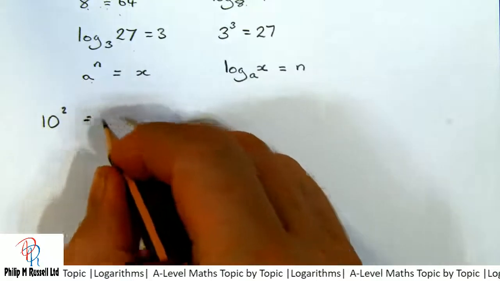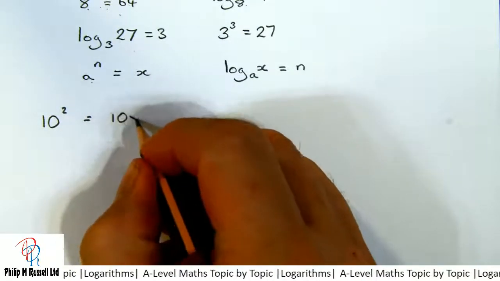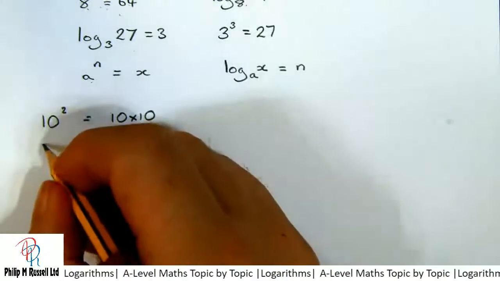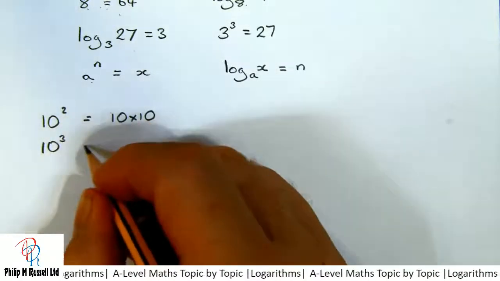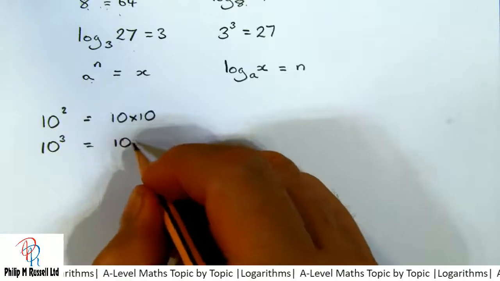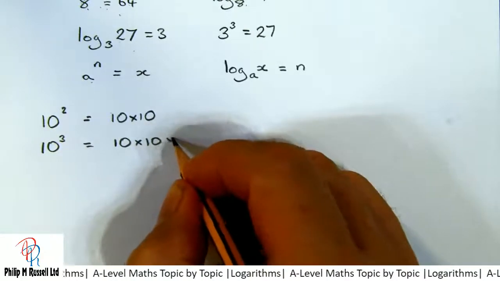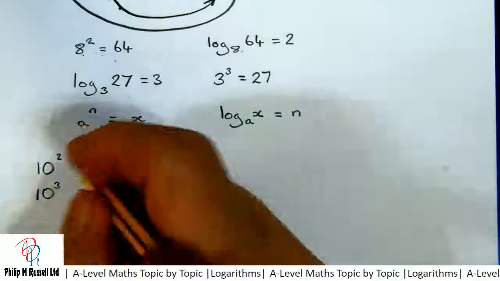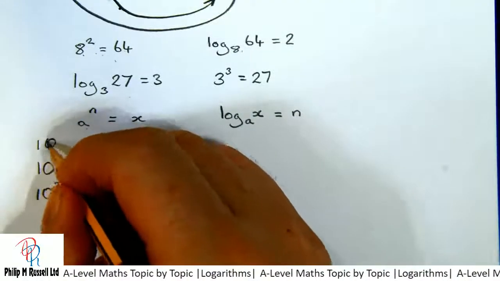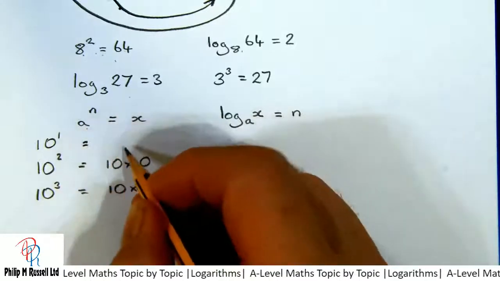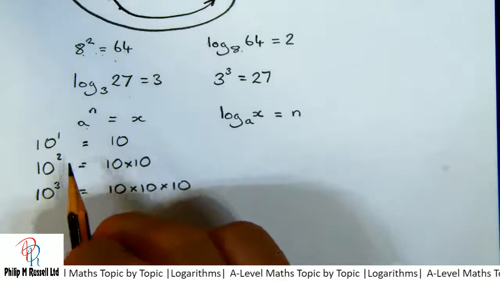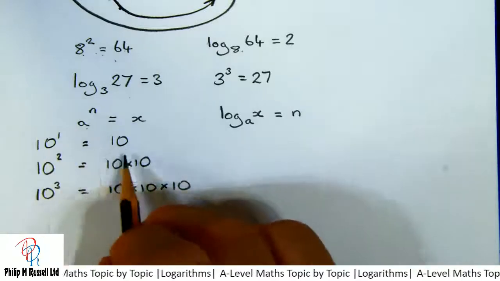Well, we all know that is going to be 10 times 10. 10 cubed, we're happy with that one. That's simply 10 times 10 times 10. So if we go down to 10 to the 1, yep, we know that is just the equivalent of writing 10.